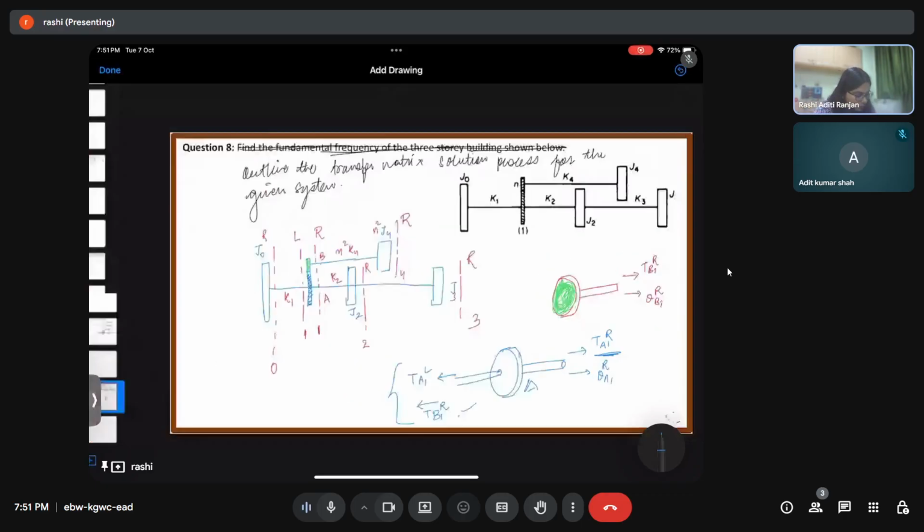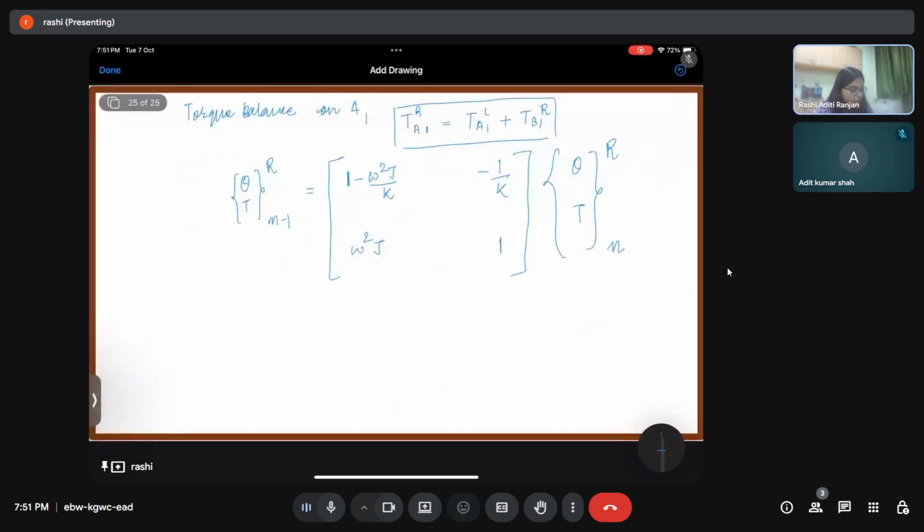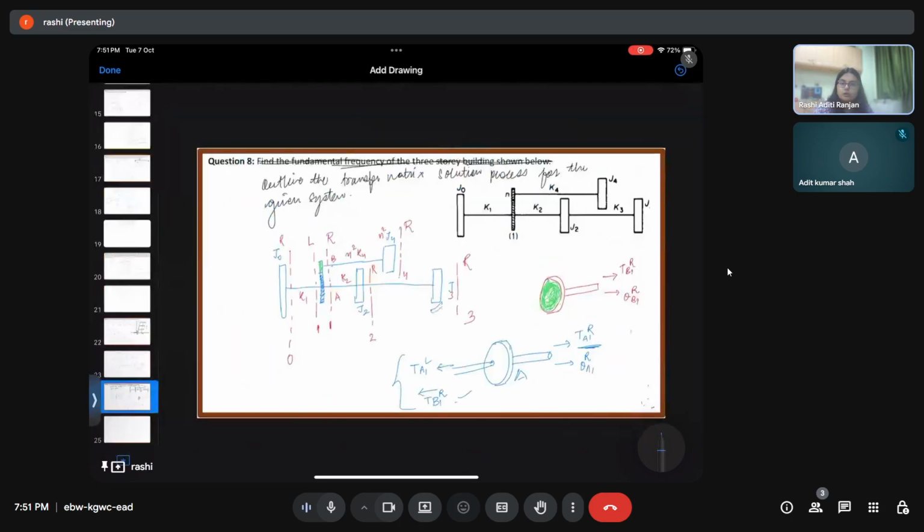So what is it going to be? If you look, we can write it as theta and T of B, right hand side for 1, is equal to a matrix which will relate theta and 0 of the right hand side of 4. 0, why? Because over here there is no torque. Sorry, not this one, over here.